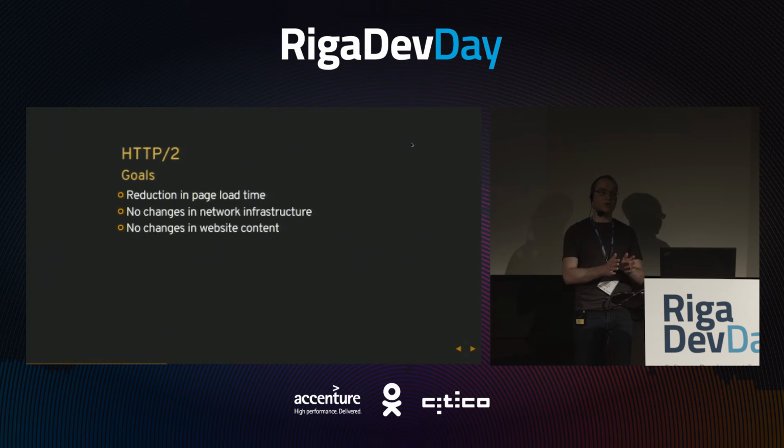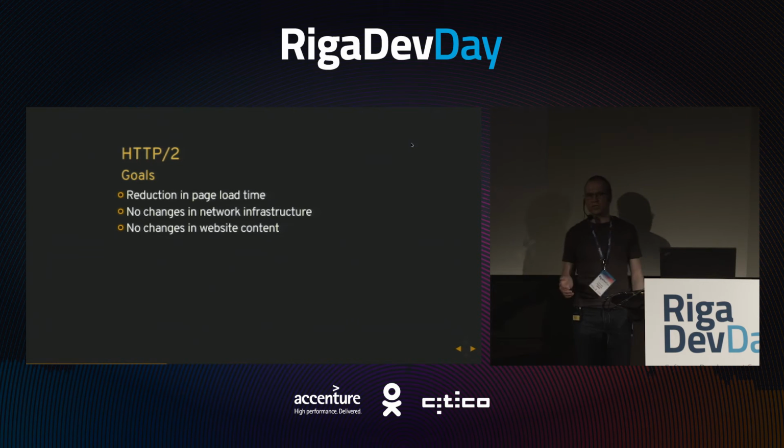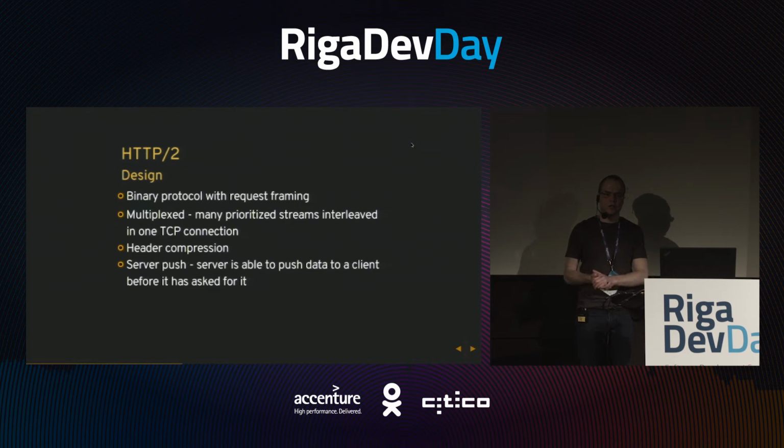But what's more important, it doesn't change the protocol semantics, so the messages for the application developers are the same. Web content stays the same. What only was changed is how the messages are moved between client and the server.